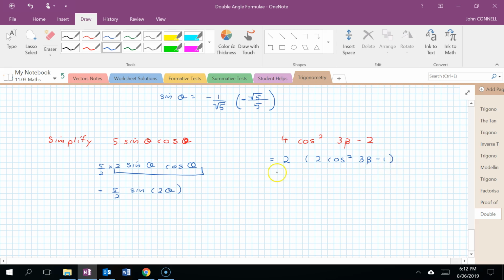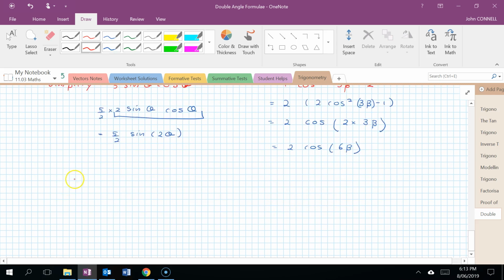So that's the form we need. Then it's 2 outside, and cos of 2 times whatever angle is in there, so 2 times 3 beta. So that's 2 cos of 6 beta.